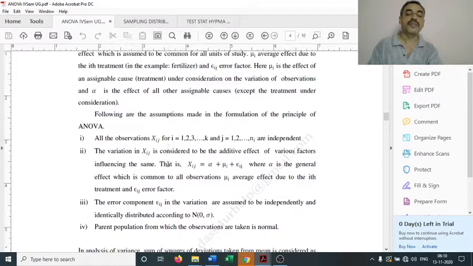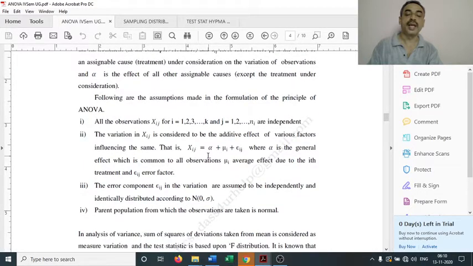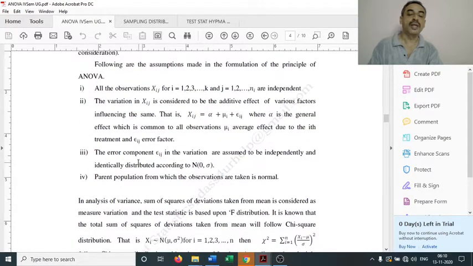Now next, in this model x_ij equals alpha plus mu_i plus e_ij for one-way classified data, another important assumption is that the e_ij's are normally distributed. e_ij means the error factor. It is assumed to be normally distributed, that is, normal distribution with mean 0 and standard deviation sigma.